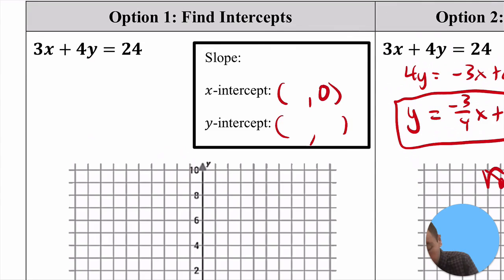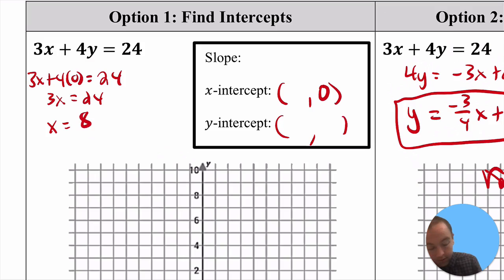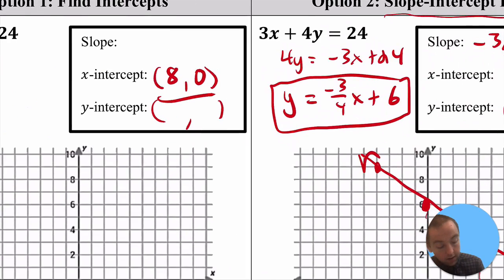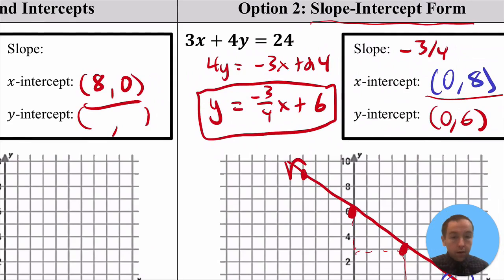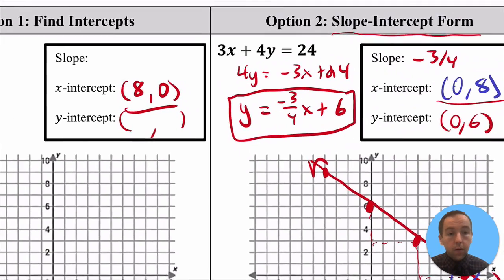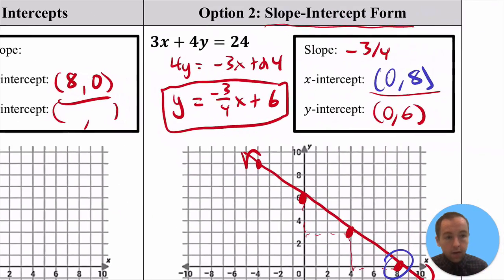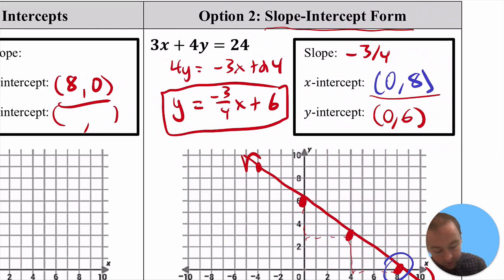So if you substitute in a 0 for y into the equation, then you can solve for x. And what you'll get for x is 8, which we know is the x-intercept because we have the same example side by side right here. And then, I guess I wrote it backwards when I was doing the slope-intercept form right there. That should be (8, 0).